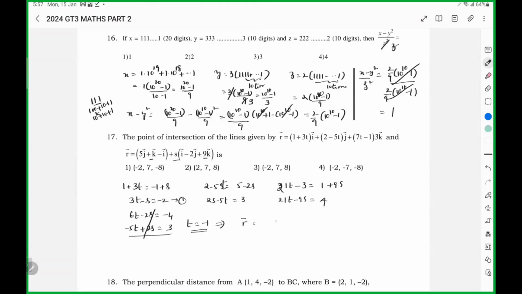Substitute here, r bar is 1 minus 3i, 2 plus 5j, minus 7 minus 1 of 3k, which is minus 2i plus 7j minus 8k, which is (minus 2, 7, minus 8).